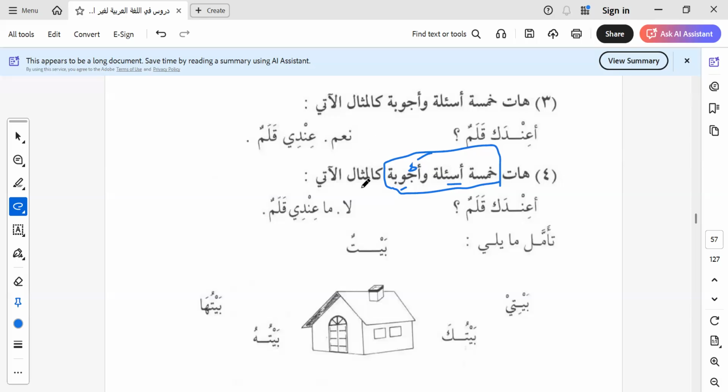كالمثال. Now this is مثال, example. Okay, so this ka is kaf al-tashbih. It's part of the letters of jar.